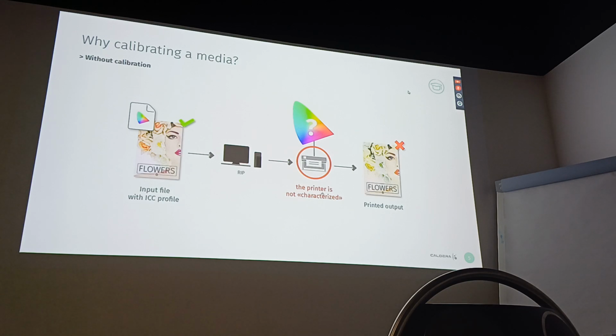Why? Simply because the printer is not characterized. That means we didn't create any ICC profile, so obviously the color translation is not done properly. So this is what we're going to do today: create this ICC file in order to characterize the current devices and to do a nice color translation from the input color profile to the output color profile, and finally to get something which is compliant.